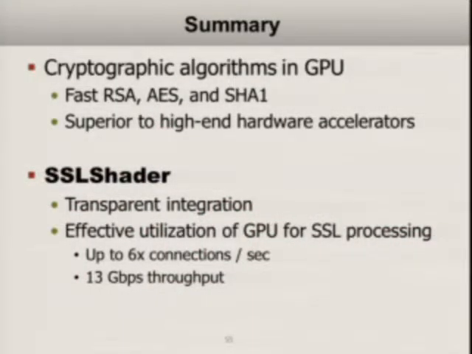As a summary, we show that GPUs are good for cryptographic operations, and we implemented RSA, AES, and SHA-1 algorithms. With our implementation, a $500 graphics card can perform even faster than high-end hardware accelerators. On top of the GPU cryptography, we built SSLShader, an SSL reverse proxy that transparently accelerates SSL for existing servers and leverages the GPU efficiently.